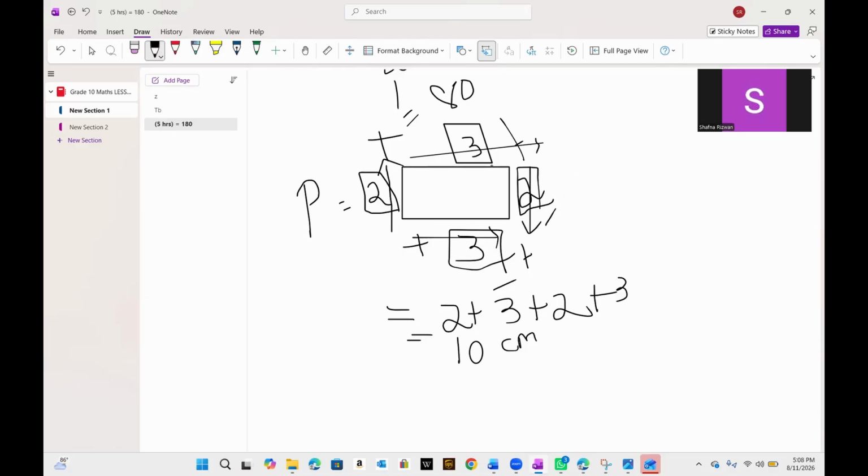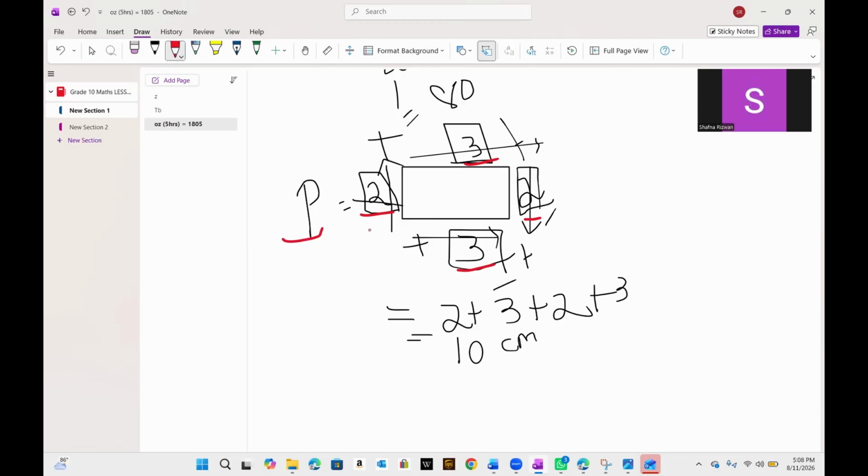You are going to take a closed plane figure, and the distance that we get outside this closed plane figure is known as a perimeter.